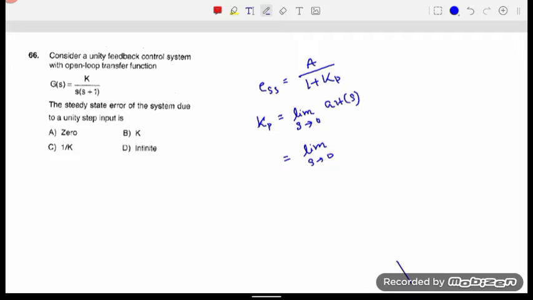So K into 1 by s into (s plus 1). If we put s equal to 0, it will give us infinity.